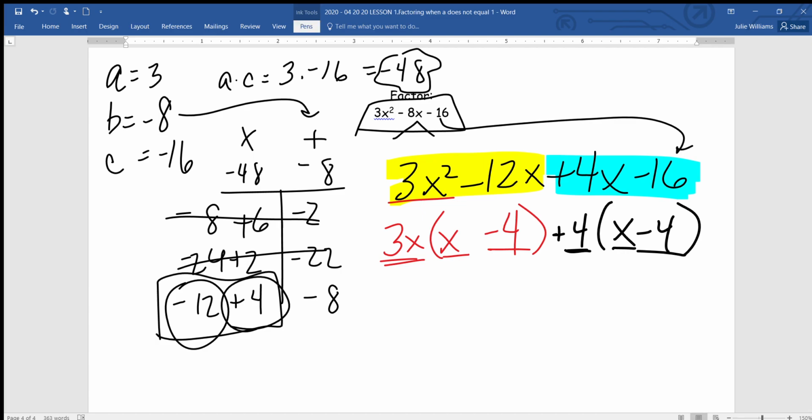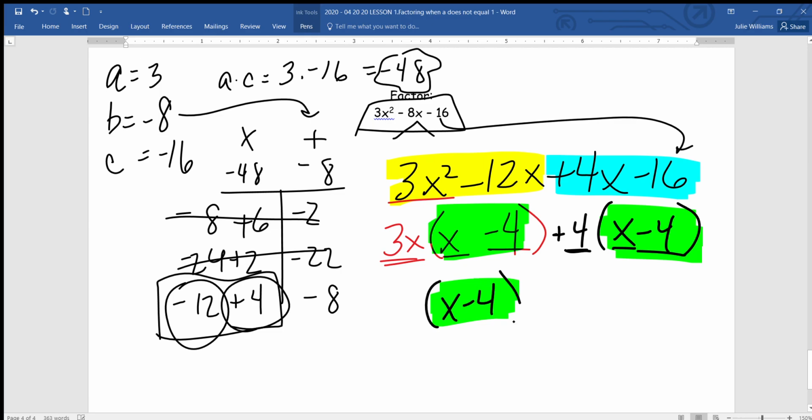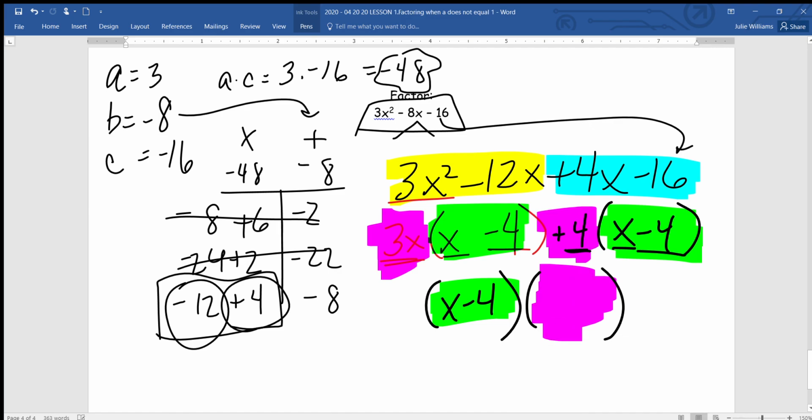Okay, so again, these two are equivalent, as they should be. So one of my factors is x minus 4. The other one is going to be 3x plus 4.